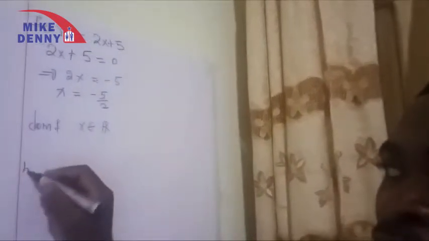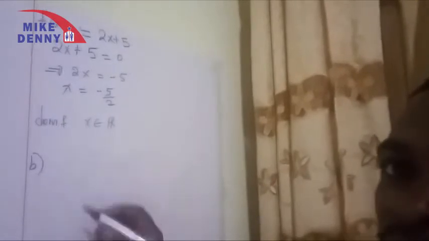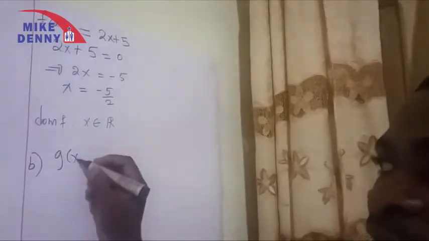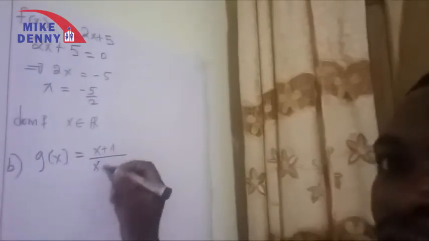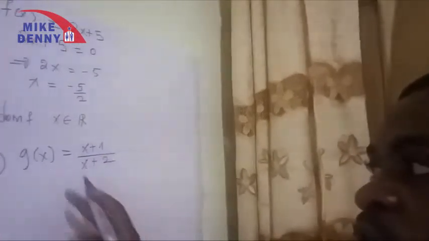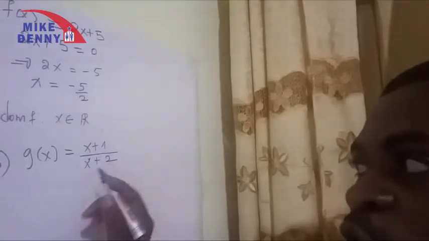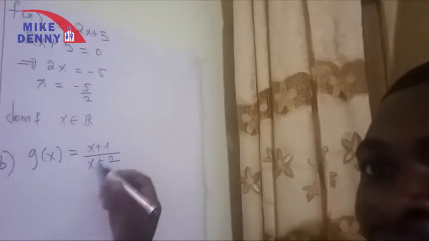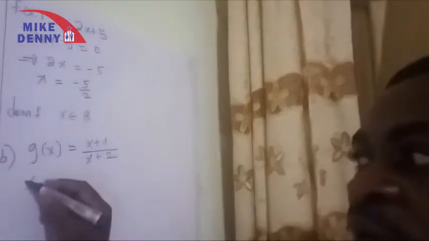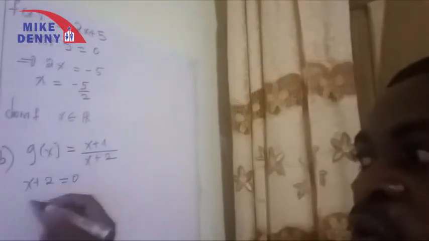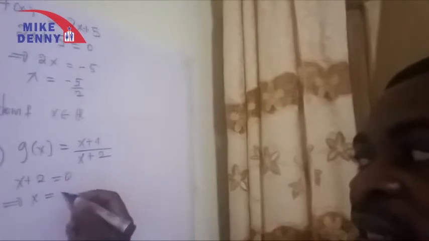So I'll now take the second one, which is a rational function. We are told that g of x is equal to (x plus 1) over (x plus 2). So now to get the domain, I take the denominator. When there is a fraction, I take the denominator and equate it to 0. So I have x plus 2 equals 0, which implies x is negative 2.